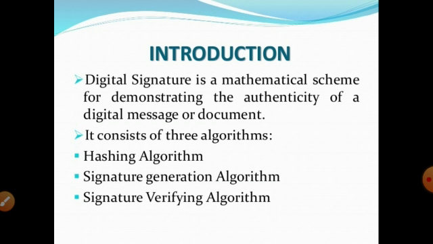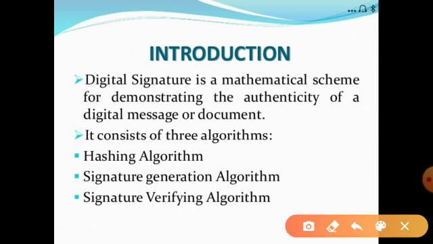Now, before ElGamal, a digital signature scheme contains a hashing algorithm, a signature generation algorithm, and a verifying algorithm. By using the hashing algorithm, we generate the digest. After that, we generate the signature using the signature generation algorithm.